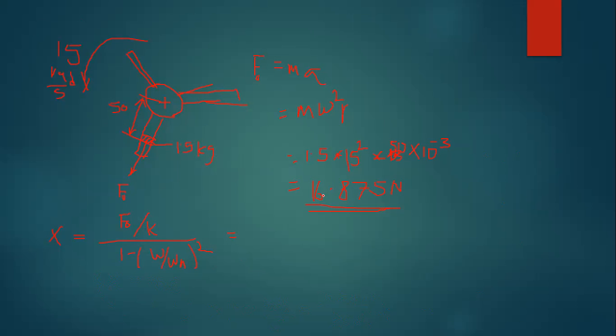F naught is 16.875, and K is 49.05. F naught over K is by itself the delta, we could replace that, but let's use the numerical values already available. And 1 minus omega, which is 15, over 22.15.